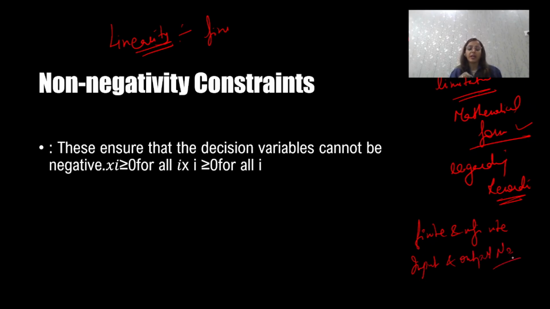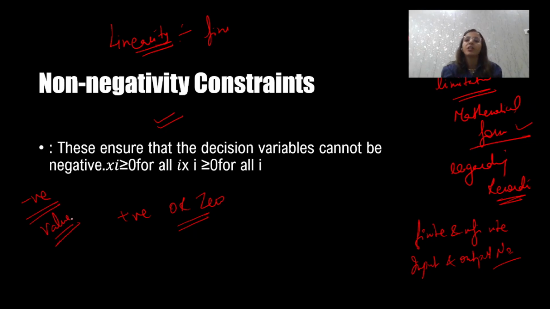If the function has infinite factors, then the optimum solution will not be feasible, right? Again, the next point is the non-negative variable. Yes, the variable should always be positive. We always take it as positive, or we can take it as zero. It should not be negative. There should be no negative value in the questions or case studies of linear programming.